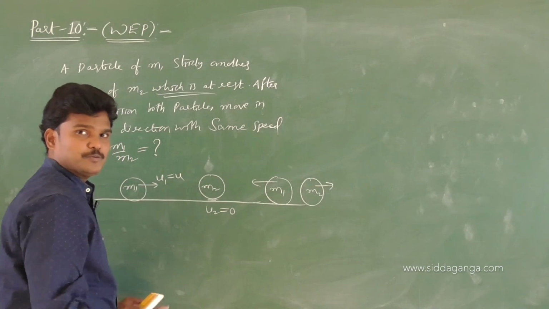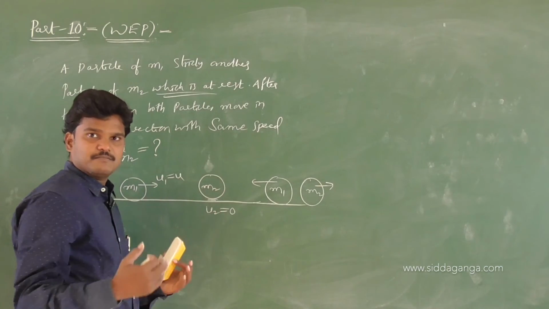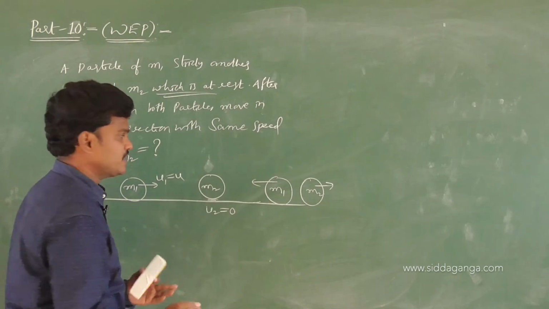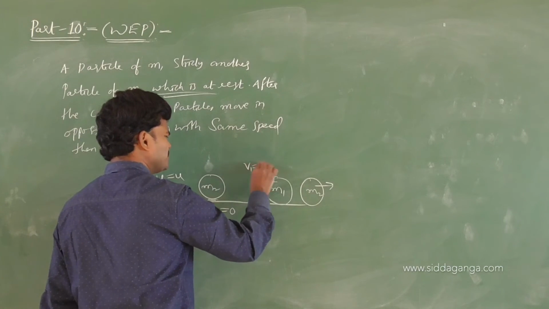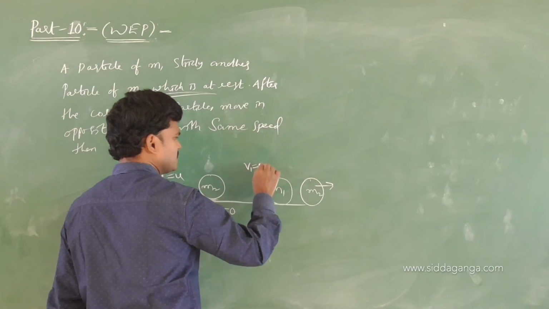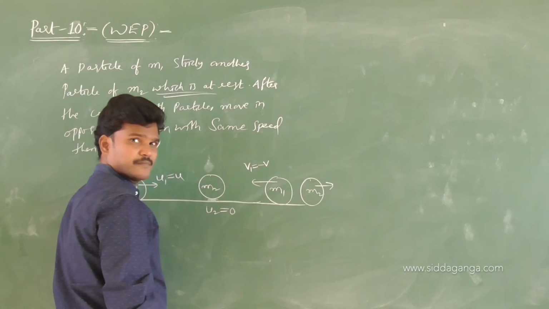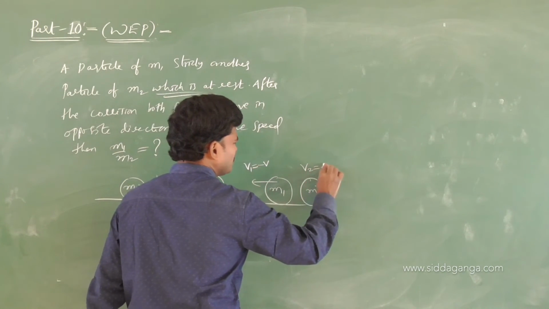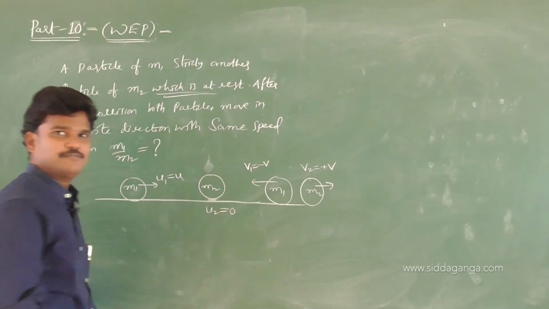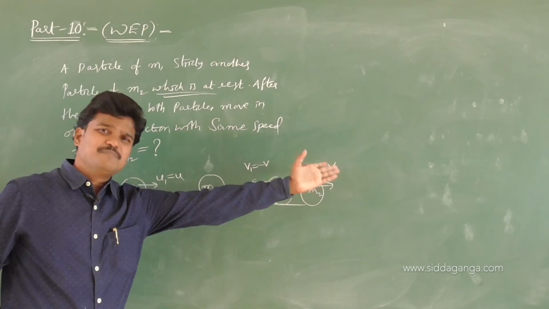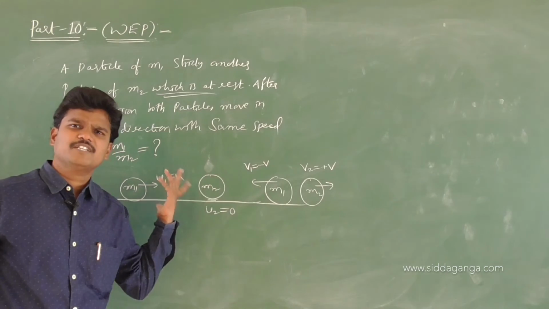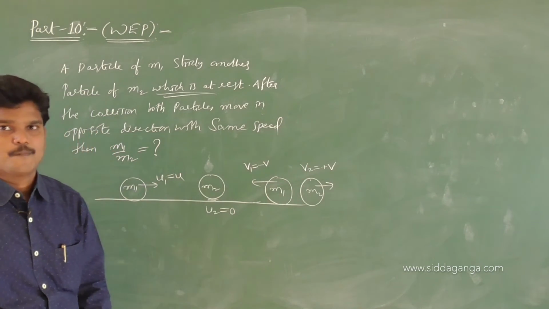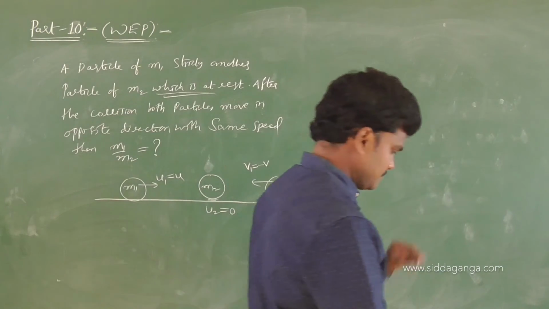So if this one moves with some speed, v1 is equal to minus v, because it goes left side, and v2 is equal to plus v. Got it? If the right side particle moves with speed v, the other particle moves left side with the same speed but with a minus sign, that is right.